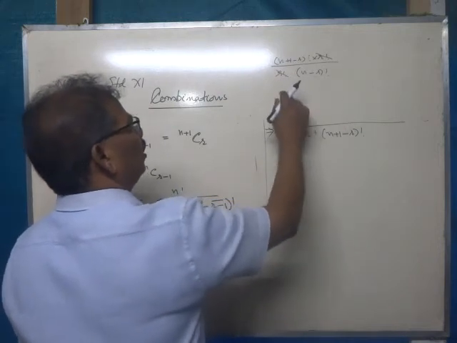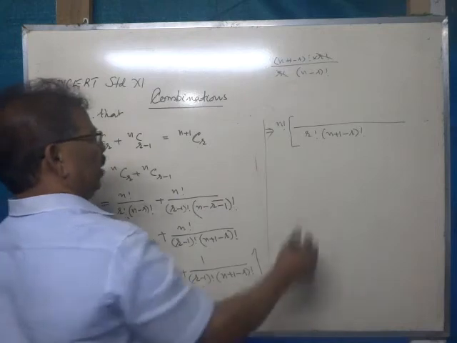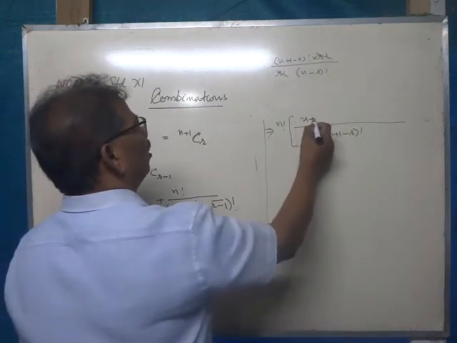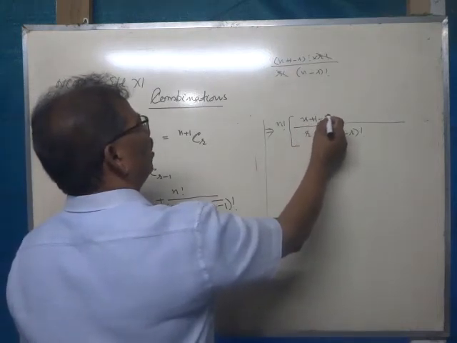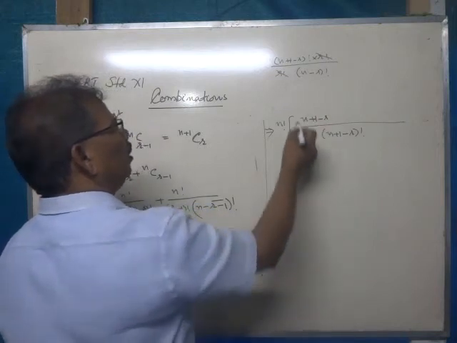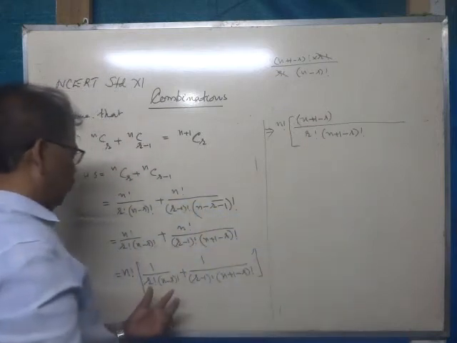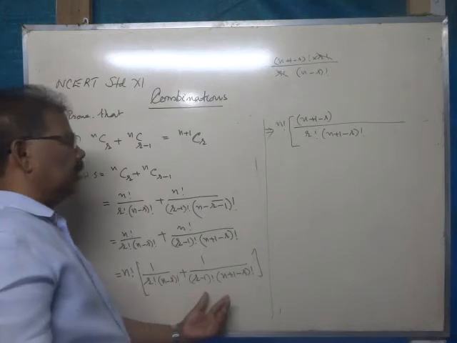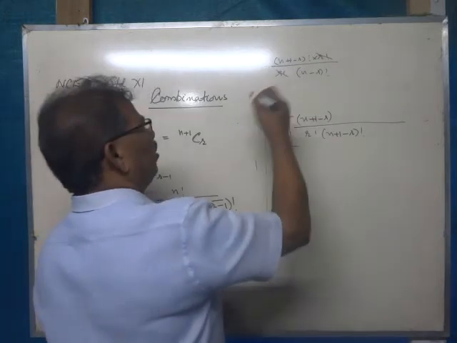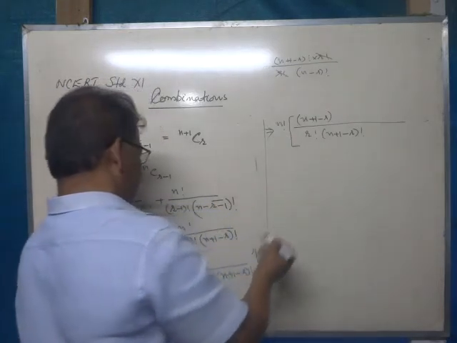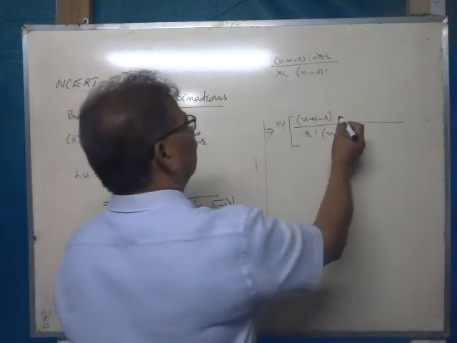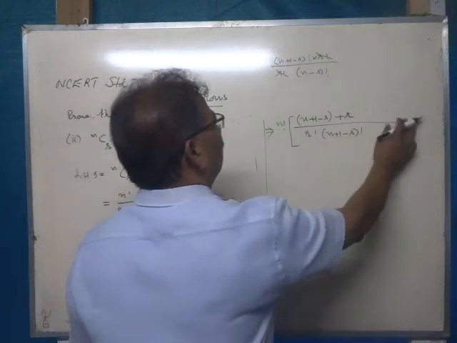Similarly, here we will get n plus 1 minus r for the first one, and in the second, on division by (r minus 1), we will get plus r.